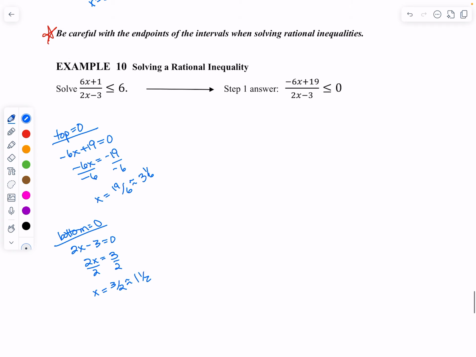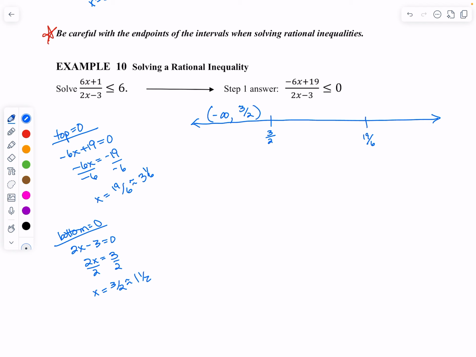All right, so let me go ahead and make my number line, my little chart. I'm going to put my 1.5 first, but again, my lab likes for you to write 3/2. And then over here, I've got 3 1/6, so that's 19/6. I'm going to write my interval notation up on top.